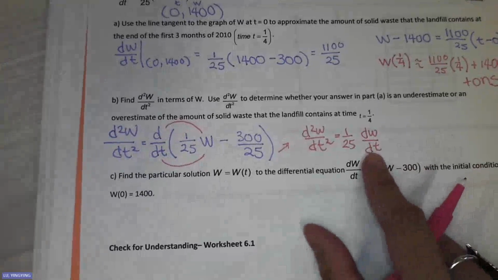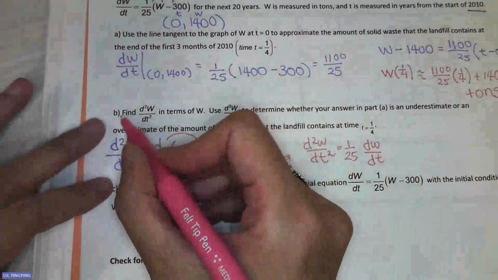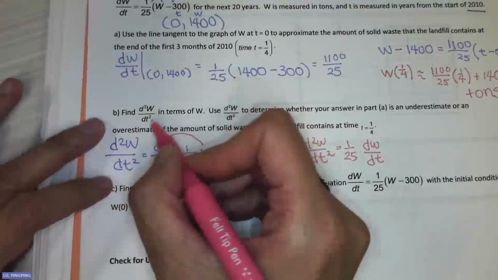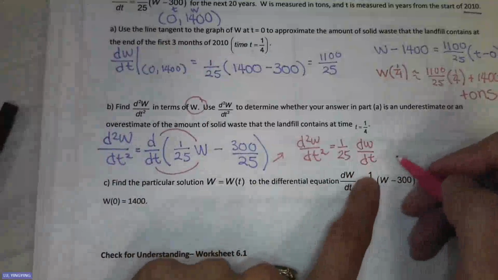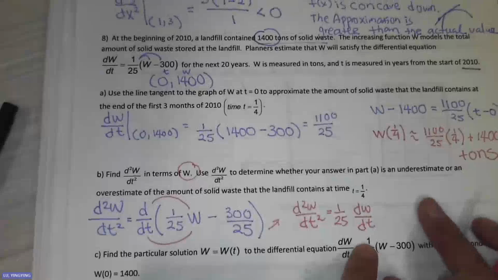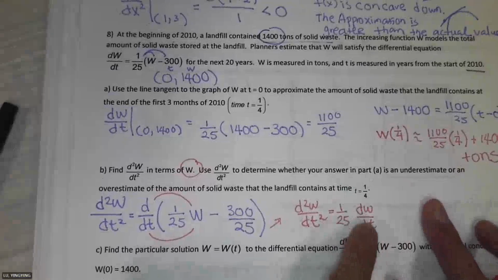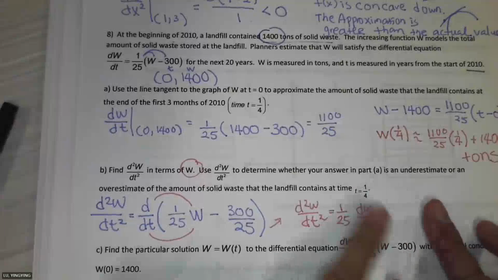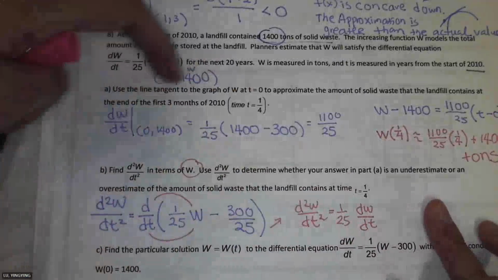Now that's still not over, because you did not answer the question. They want you to find d squared W over dt squared in terms of W, not in terms of dW/dt. So what should I do, you think? How do I make this in terms of W? What's dW/dt? It's just this, right?